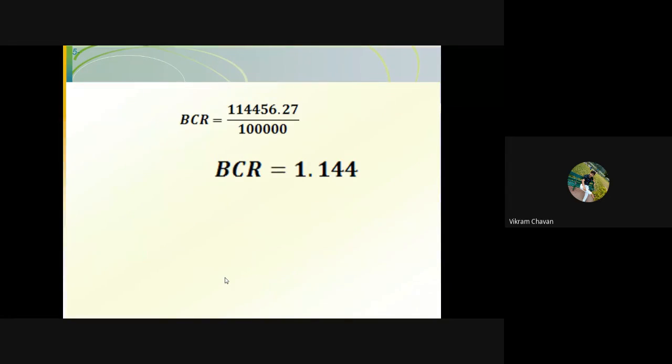So we are getting the present value as 1,14,456.27. And if you divide this present value by 1,00,000, then we will get the benefit cost ratio, BCR, equal to 1.144.